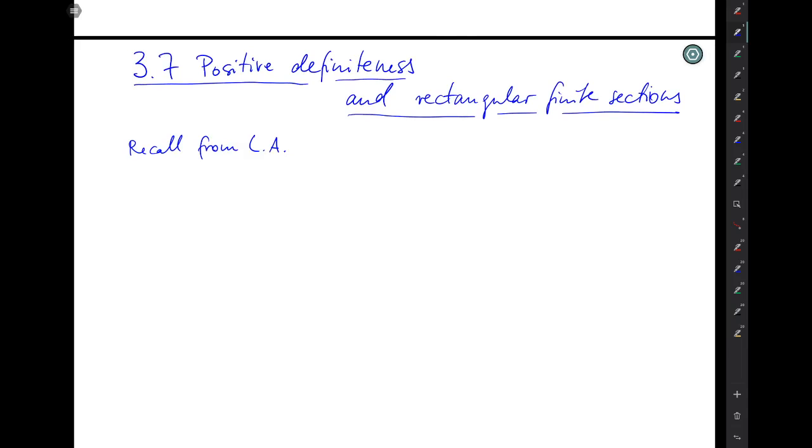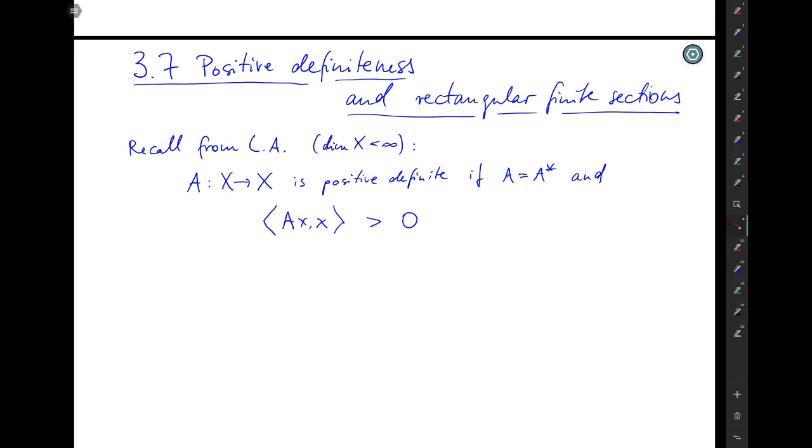Recall this from your linear algebra course where dimensions were finite. There we called an operator A from X to X positive definite if A is self-adjoint, so it equals its adjoint operator, and if the scalar product, which is the standard scalar product in your space X, which is usually R^n or C^n in linear algebra, of A times a vector x with the same vector x is always positive, no matter what vector x you try.